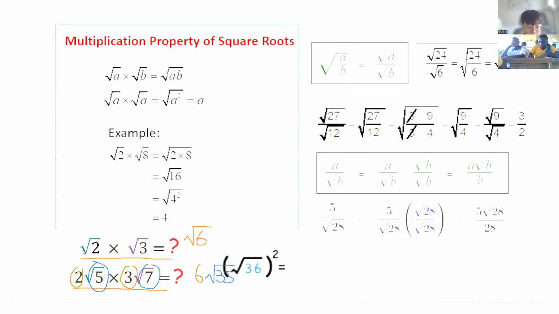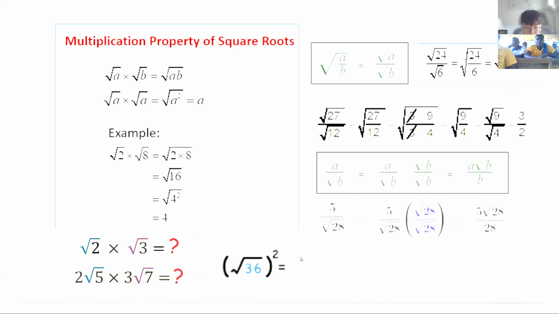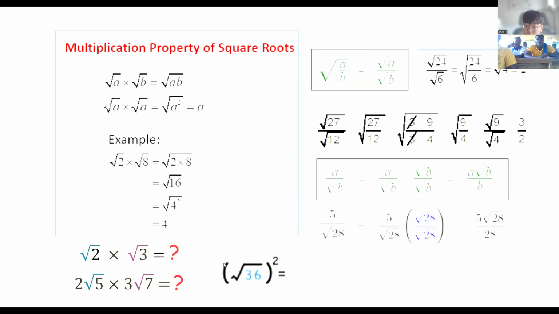Okay, one more question about this. What is the square root of 36, all of these squared? It'll be 36, right?